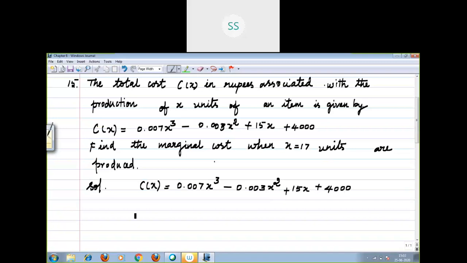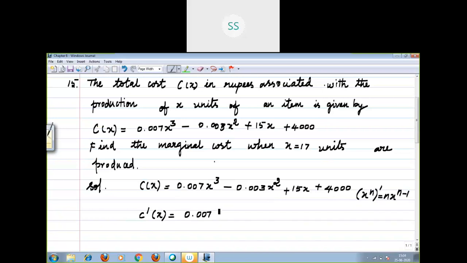Now we are going to differentiate with respect to x on both the sides. C dash of x equal to, here you are going to use the derivative formula. The derivative of x power n equal to n into x power n minus 1. On and off you have to recall the formula.